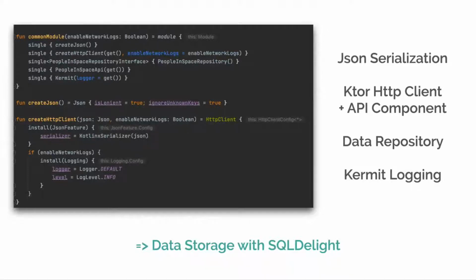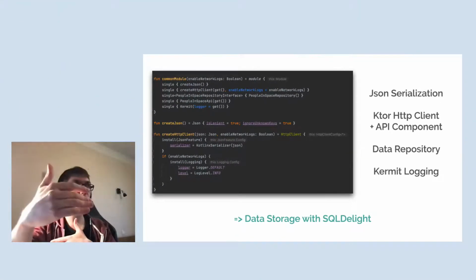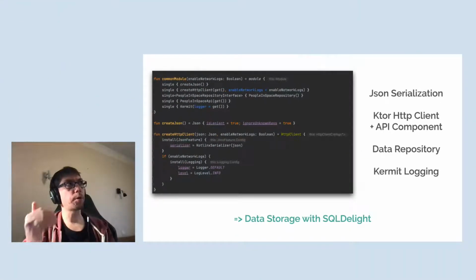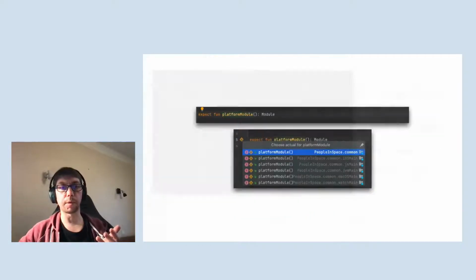In this application, we are storing local database data. What we will need to do is declare a dedicated Koin module for each instance. You can declare everything in a common multi-platform module with Koin, but if you have a native component, then you will need to declare it one by one. And this is how we have to do it.